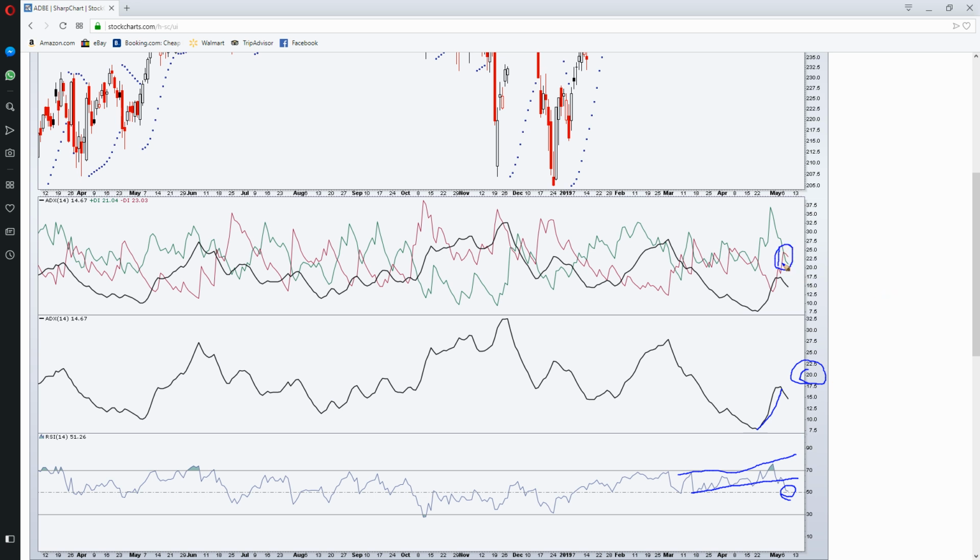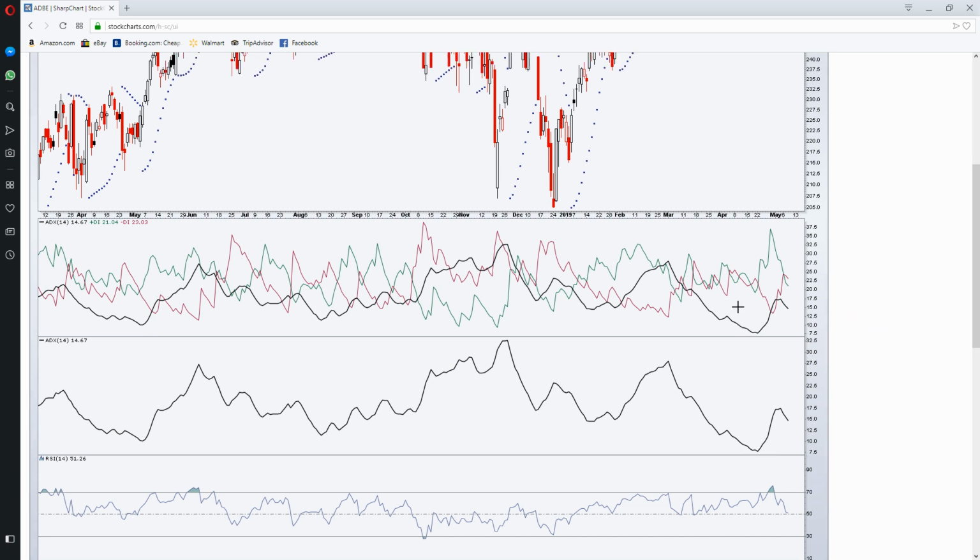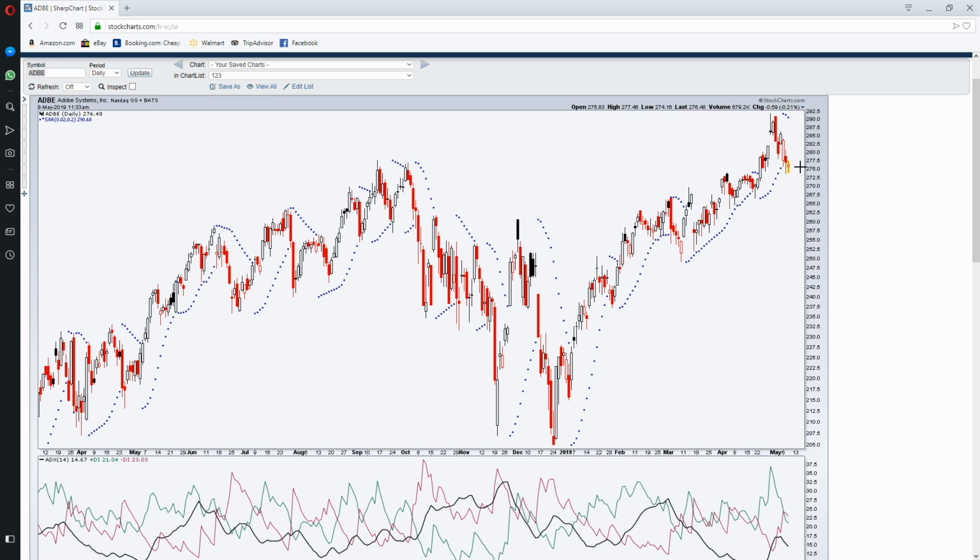The DI measure, with the positive DI moving below the negative DI, tells us the path of least resistance is lower, but since we don't have a trend, we're expecting this to whipsaw around. And it tells us, hey, since we don't have a trend, there's no reason to really use the parabolic SAR because we're not talking about a trend mode right here. So no need to get in, no need to use the parabolic SAR. That's the story it tells right now.